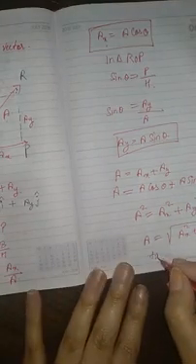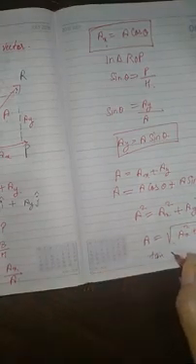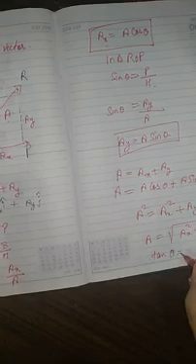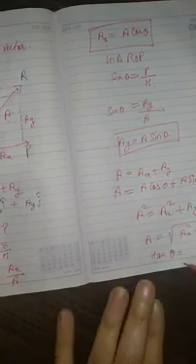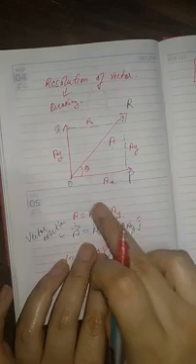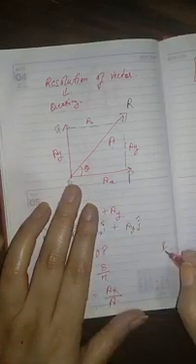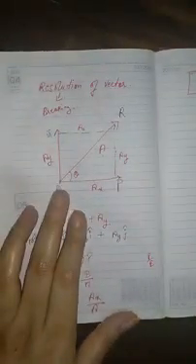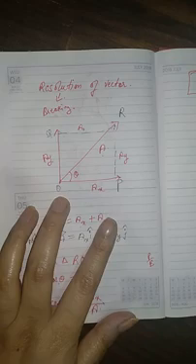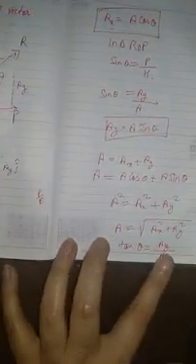The angle, that is tan theta. To find the angle, tan theta is perpendicular divided by base. Your perpendicular is ay and base is ax, so tan theta will be ay by ax.